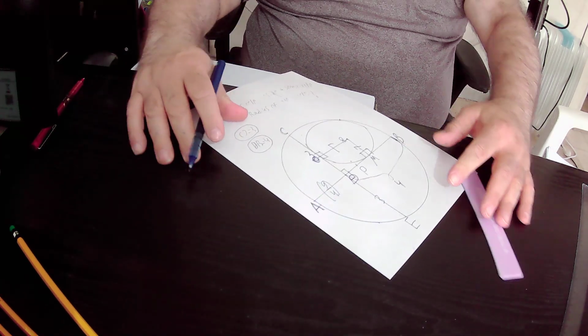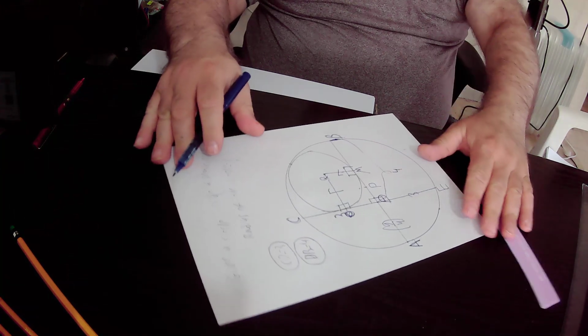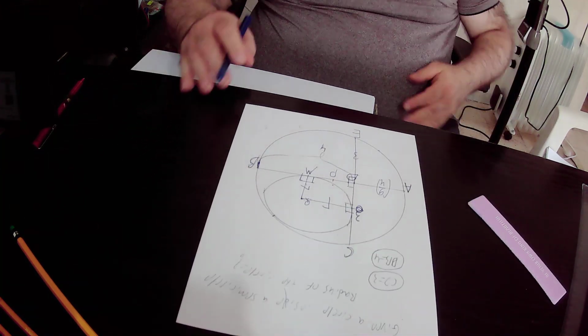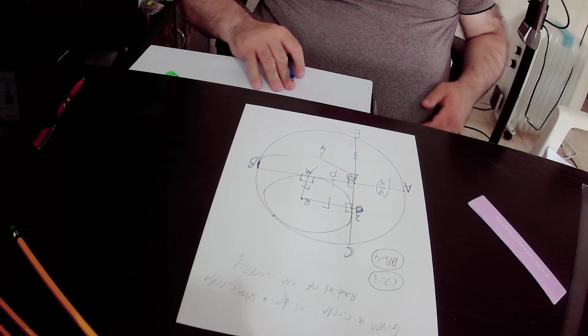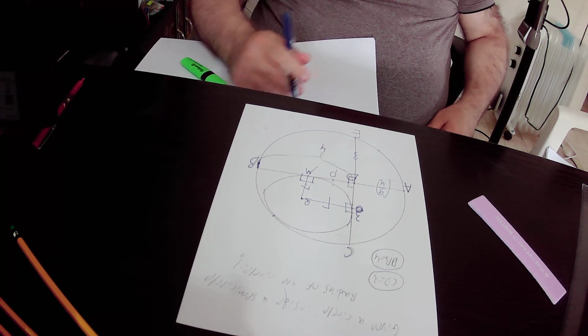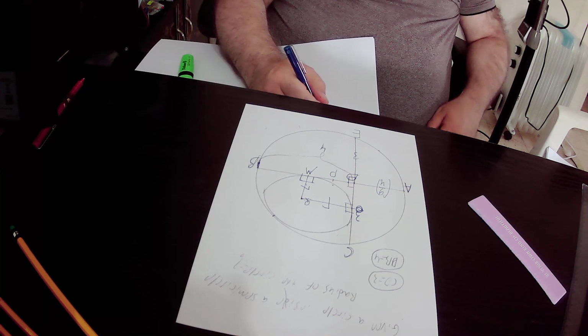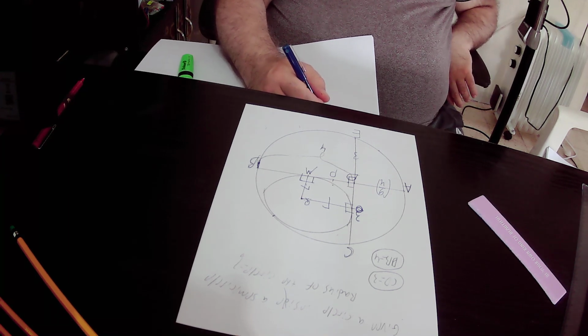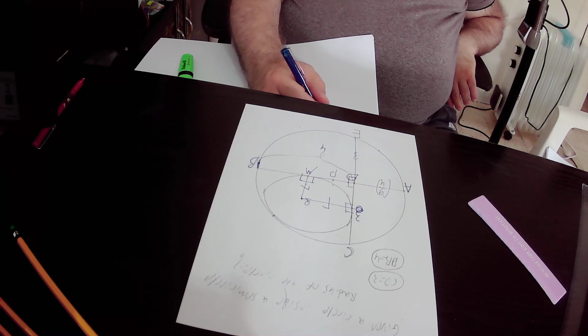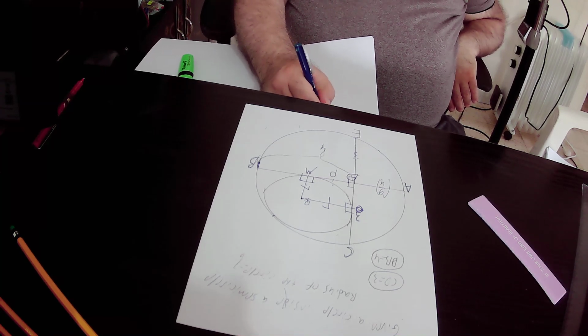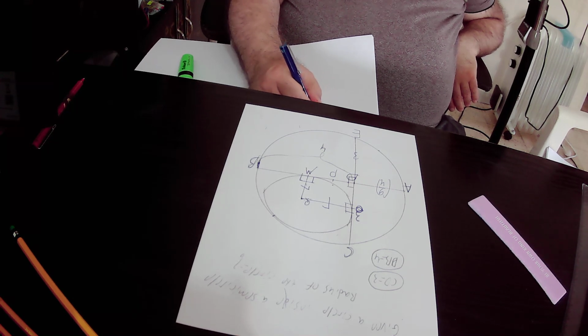So actually, in quadrilateral OQDM, we have 4 right angles. And any quadrilateral that has 4 right angles must be at least a rectangle. Okay, so we relate to quadrilateral OQDM as a rectangle.